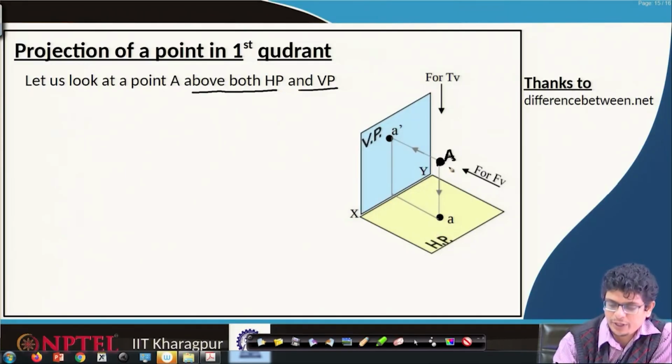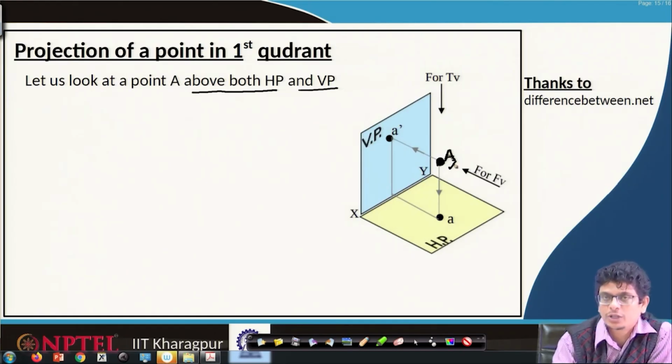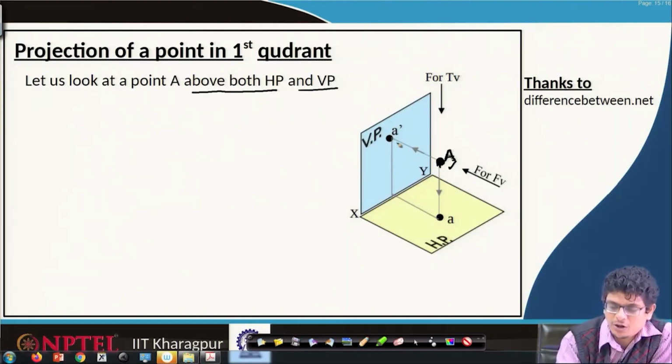So, it is above the horizontal plane, and next to this vertical plane above that. If that is the kind of projection we are going to have, then the first projection is always towards the vertical plane. So, we will denote that one as A dash. The horizontal projection we will have as A.